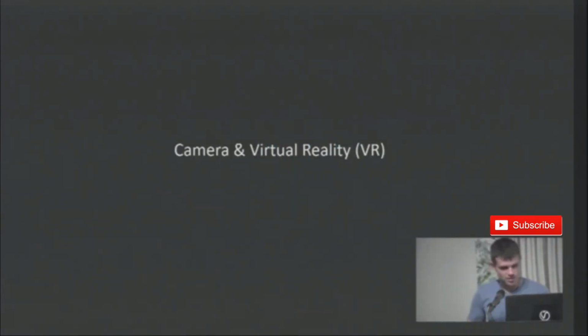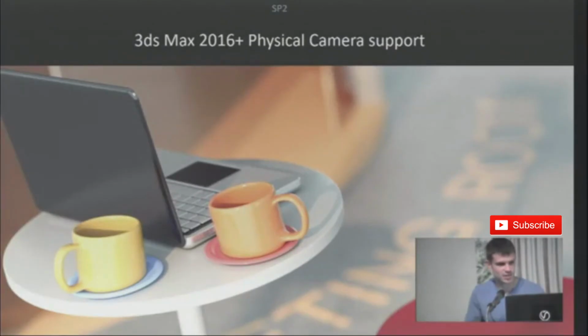Of course, virtual reality was getting big after V-Ray 3 was released, so we had to account for that. Again, as a service pack release, first we started supporting the 3ds Max physical camera. That was the first camera change that we did. The great thing about using the 3ds Max 2016 and on physical camera is that it has the automatic exposure control, similar to what I showed you in SketchUp.